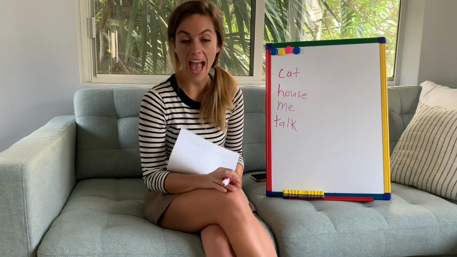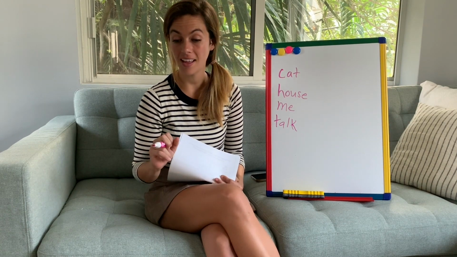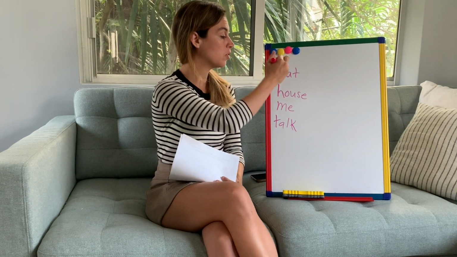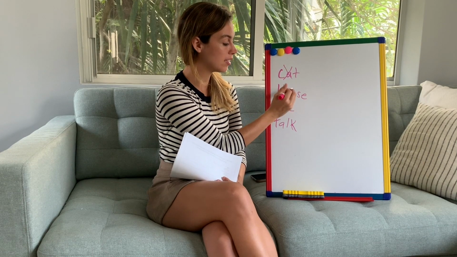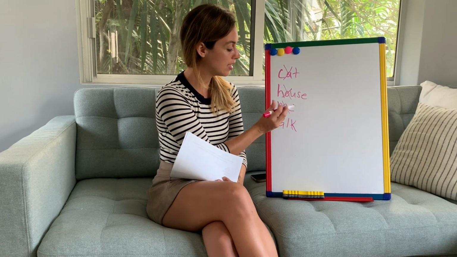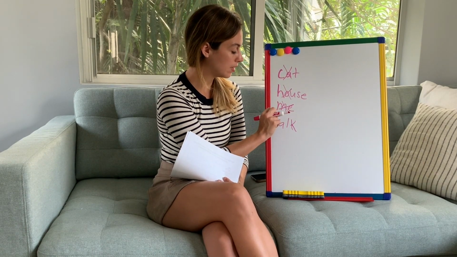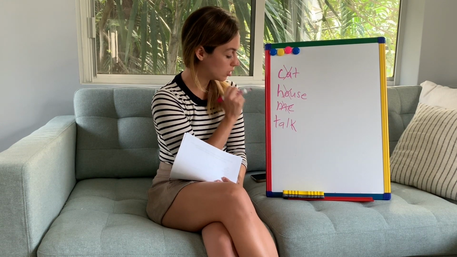Which word is the action word? Which one can you do? Talk. Good. So cat is a noun, house is a noun, me is kind of a noun, and talk. So you can talk.